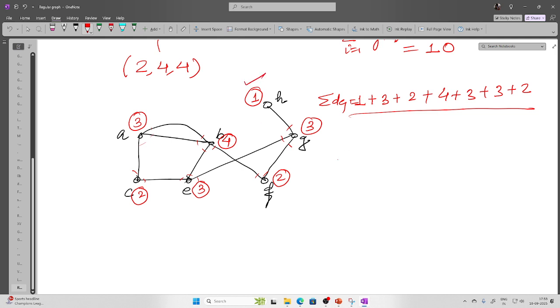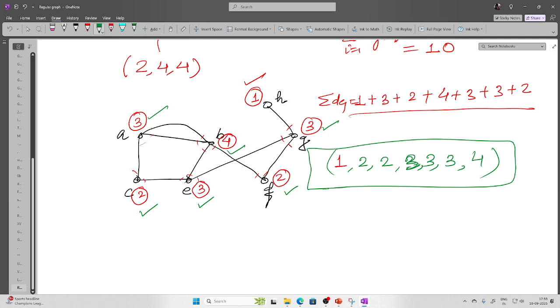So I write 1 first because this is the lowest degree, then two 2's, then three 3's, and then one 4. So this is the degree sequence.